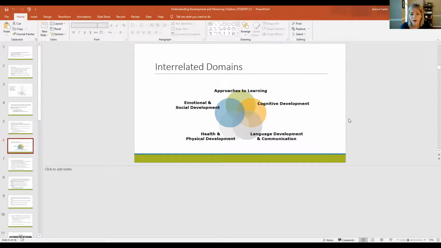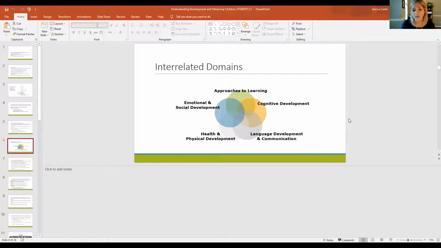These five domains that you're seeing on the screen are coming from the North Carolina Foundations for Early Learning and Development. It's called the Foundations text. And so there's an extra one added here. Your book outlines 4. Those are physical, emotional, social, and cognitive.